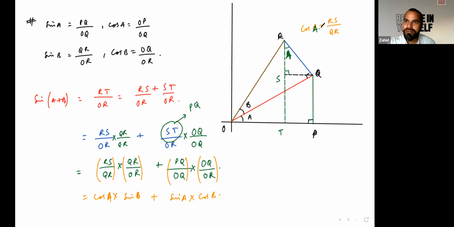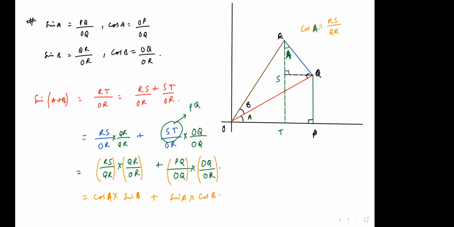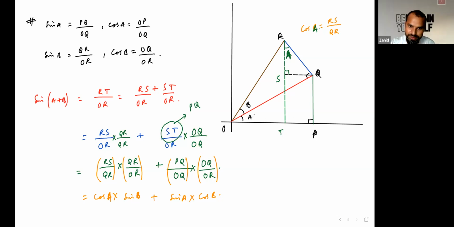Is it understood to everyone? Yes, sir. How would this be A? Suppose this is your A. So this would be your 90 minus A. So this would be your again A. This is 90 minus A, so this would be your A. This is again 90 minus A, so this should be your A. Khalid, do you have any doubt?